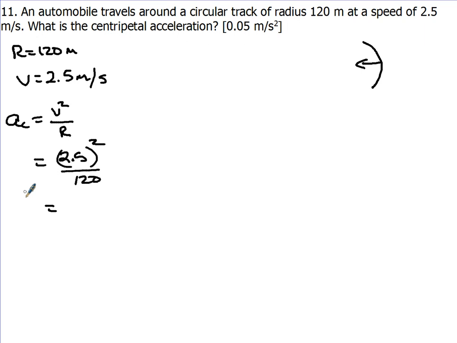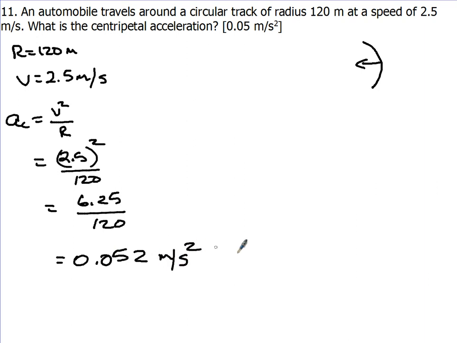Now, 2.5 squared is 6.25, and I'm going to divide that by 120, and I get an answer of 0.052 meters per second squared.